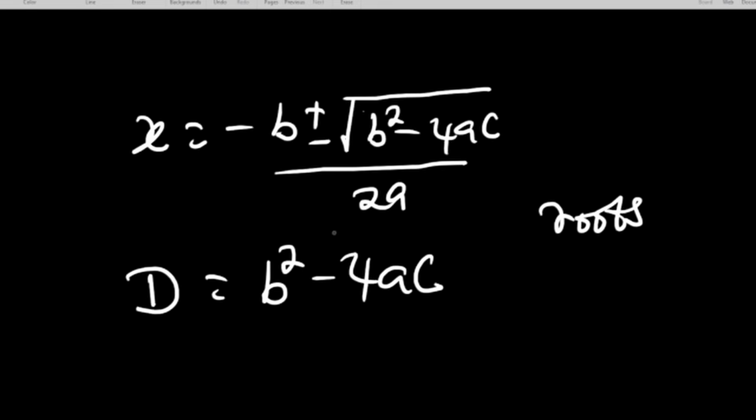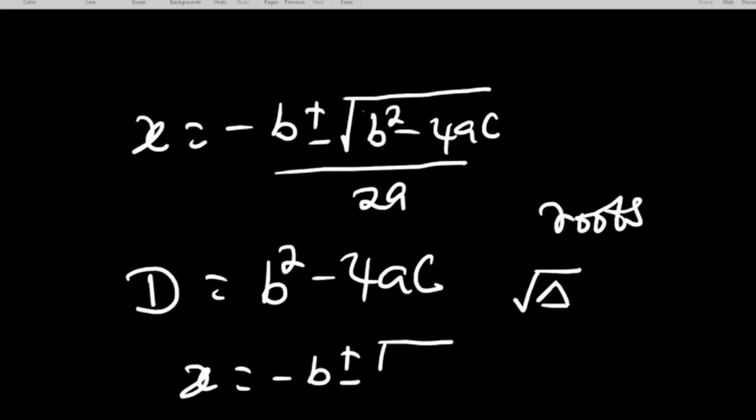So the discriminant, it's also sometimes written like this. Okay, yeah, something like this. So whenever you see something like this, don't get confused. They're actually talking about the discriminant. This is how it is written. X equals negative b plus or minus, and inside the square root, they will not put a b squared minus 4ac.